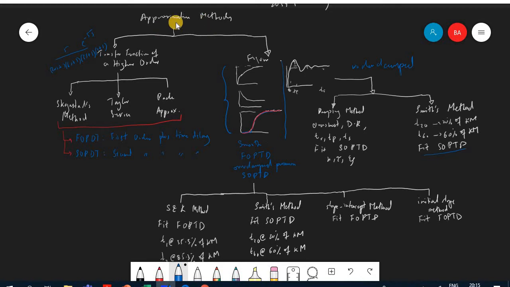If I have a transfer function of a higher order system, I have different methods to deal with it: the Skogestad method, the Taylor series method, and the Padé approximation. All of these methods are good for getting an approximated transfer function as a first order plus time delay or a second order plus time delay.